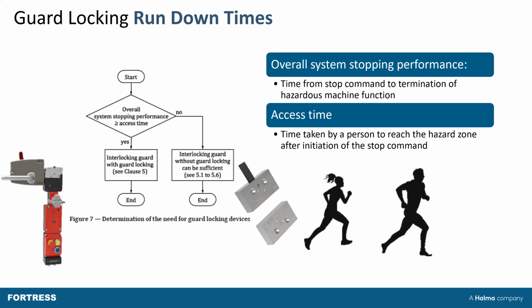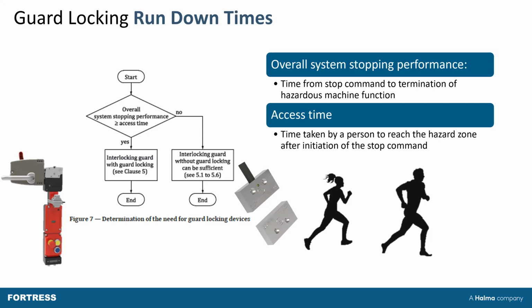There are other reasons you might want guard locking which are non-safety, such as process control. With a lot of processes, if you just open a gate and therefore turn them off, so the interlock immediately sends a stop signal, and that stop signal goes at certain points in the process, that's going to cause massive issues.